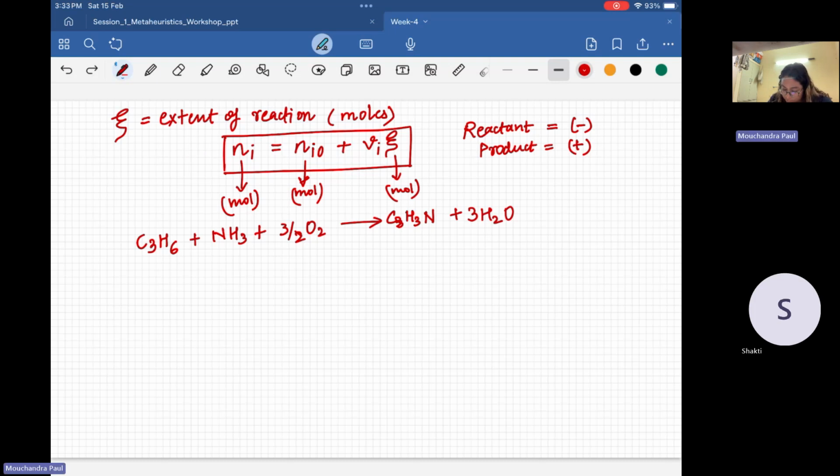Let's write it for the first species. Although we already calculated it, we can still do it.